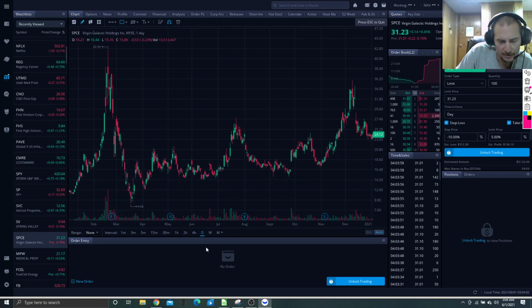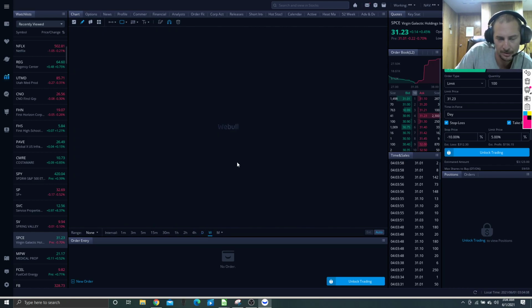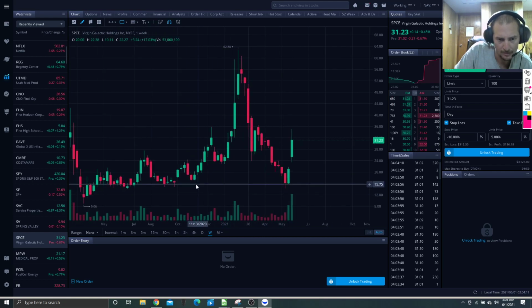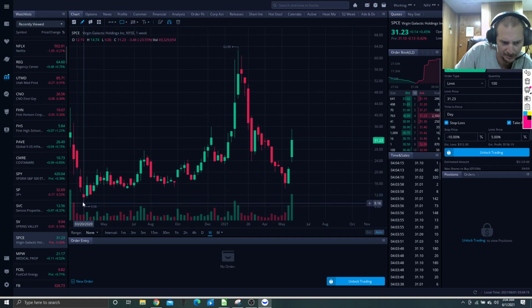So this way we get a more accurate area. And as always, your larger time frames are going to be much more significant than your shorter time frames. So let's look at the weekly chart first. On our weekly chart, we can see price bounces here at this general area many times, but we've got a weird wick down here.